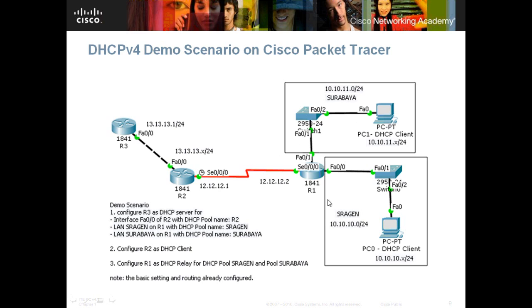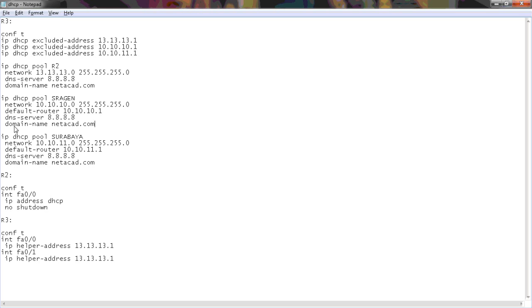As we know, the DHCP server is on R3 here, but we also want to have DHCP clients in a different network, a different place. So we need to configure R1 as the relay for DHCP pools Sragen and Surabaya. This is the way to configure it.